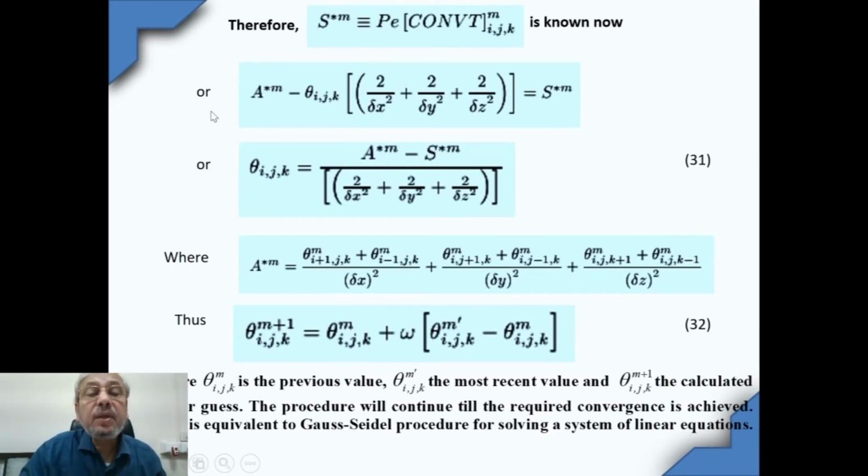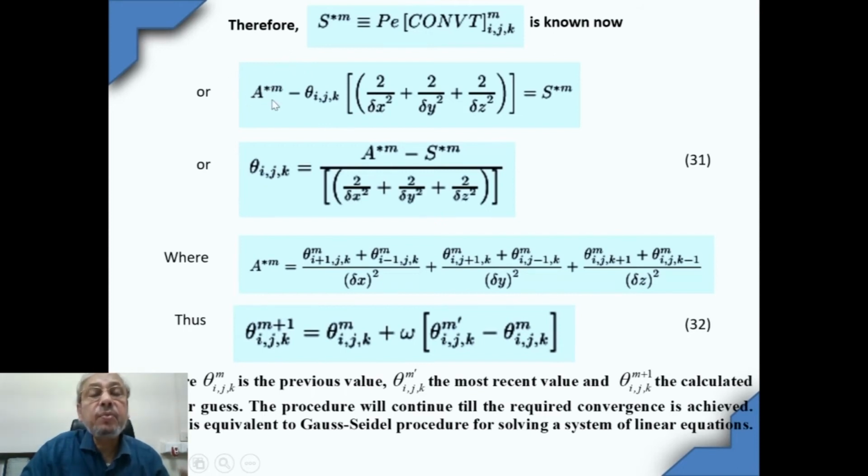We are deliberately doing that. We will assume that at a given level, theta is known. When we are starting the computation, the initial temperatures are all thetas.